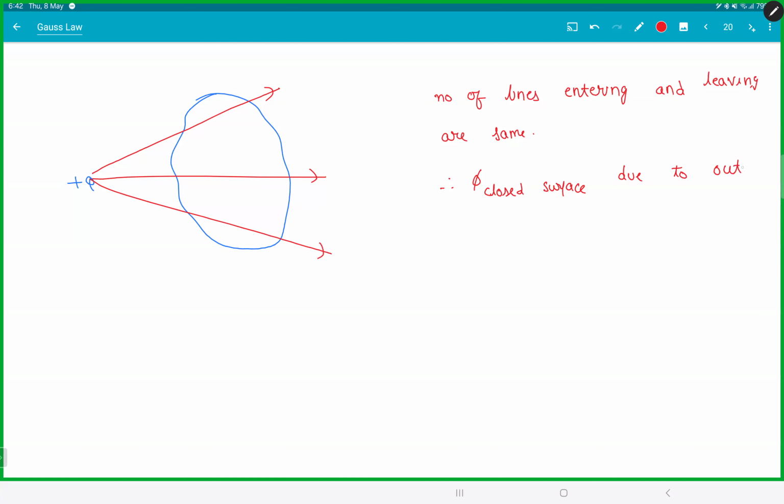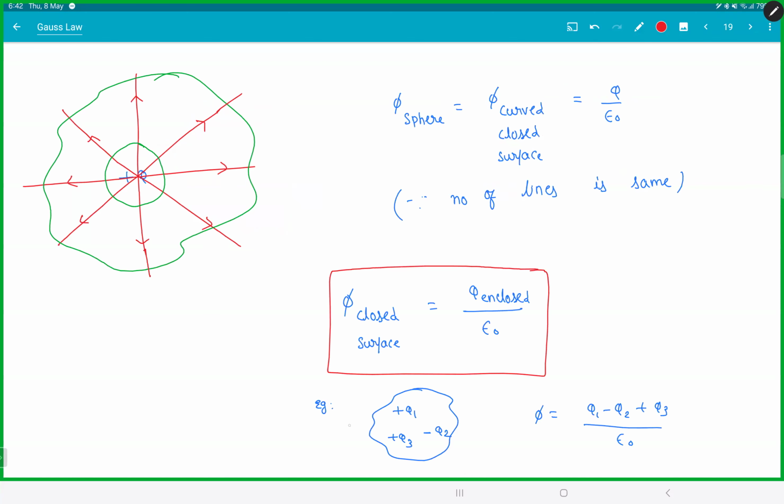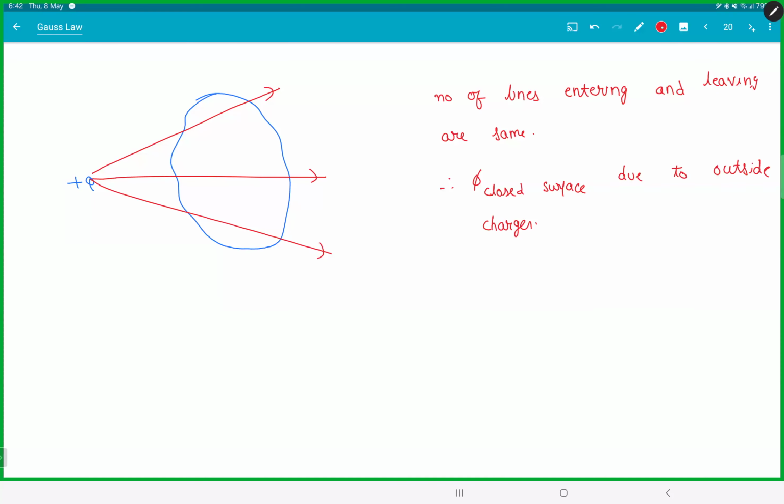So if you're going to keep a charge outside, it is not going to contribute any flux. That means in the previous example that I gave you, if you had kept some charges here Q4 and if you had kept charge here minus Q5, the answer will still remain the same. You're getting this? That is the reason. So outside charges don't contribute to any flux.